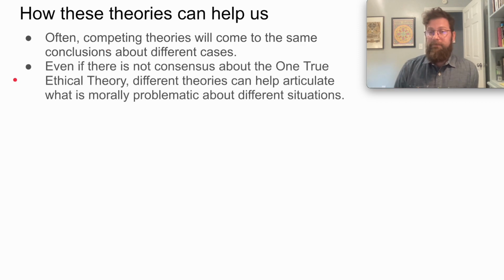Here's another point. Just because there is a certain amount of controversy about what the right theory of ethics, what the right theory of right and wrong is, we can still use these different theories to articulate what is morally problematic about certain situations and certain kinds of choices that people make.